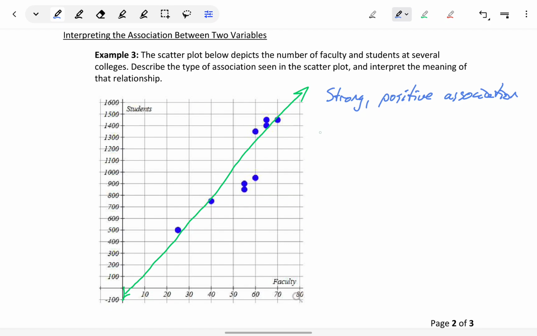And what we could say is that as the number of faculty increases, the number of students also increases.